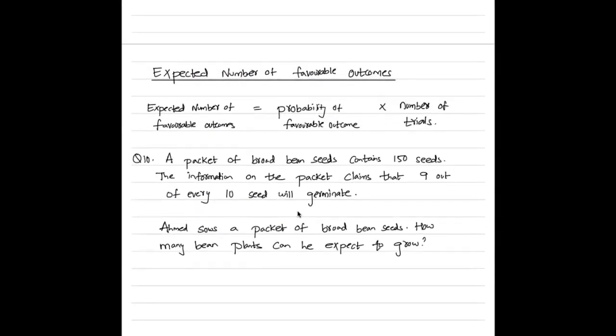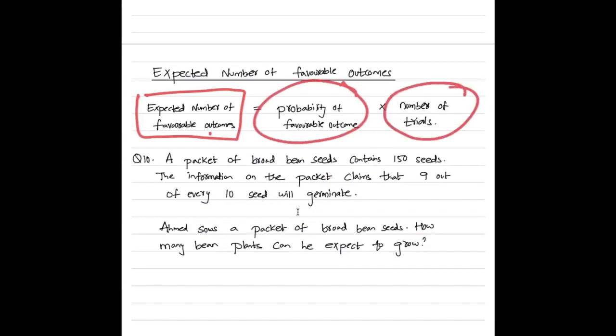All right. Now the estimated number of favorable outcomes. You can use the probability to estimate the expected number of favorable outcomes from a series of trials. So if you have a number of trials, you can use the probability to estimate the expected number of favorable outcomes. The expected number of favorable outcomes is simply the probability multiplied by the number of trials.